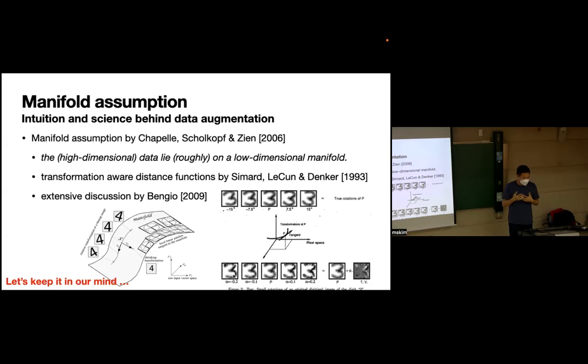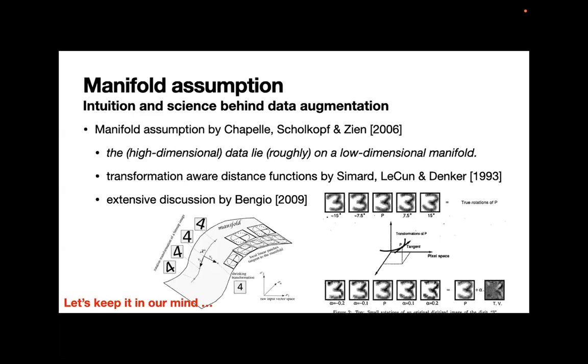Take images, for instance: you can apply only a small number of potential transformations without altering the actual content of an image. The number of transformations that you can apply is really small. It's never going to be as high as millions of dimensions. On the other hand, images, at least when represented as pixelated images, do tend to be a single point in a millions, if not billions, of dimensional space.